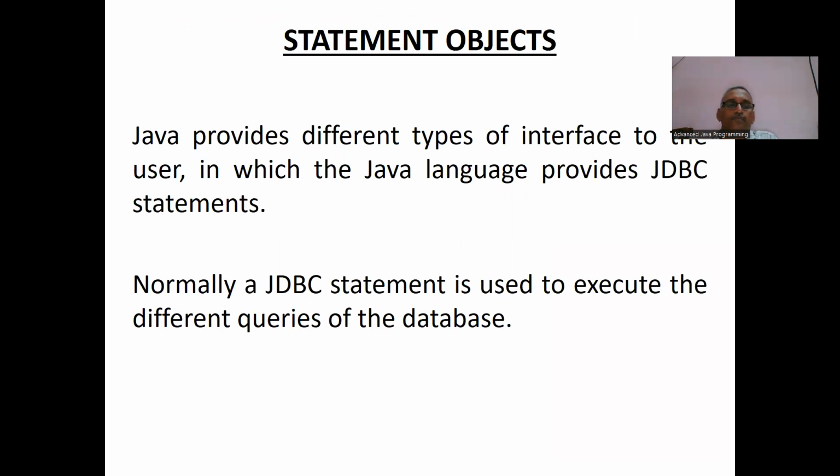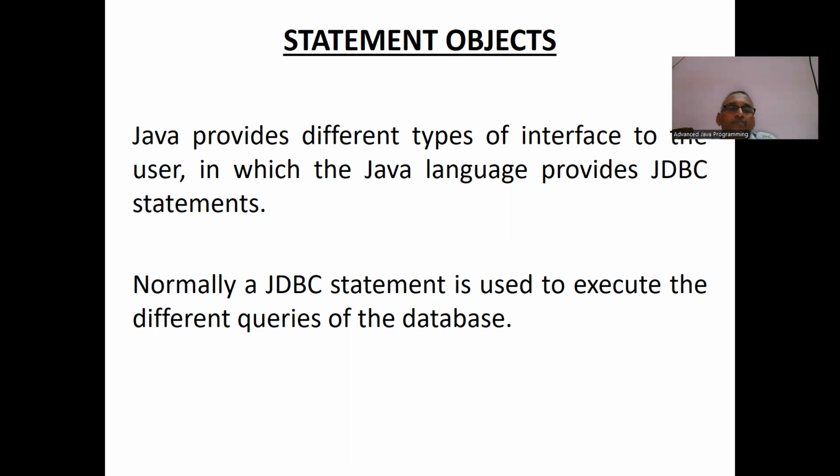Java provides different types of interfaces to the user, in which the Java language provides JDBC statements. Normally, a JDBC statement is used to execute different queries on the database. In other words, a JDBC statement works with result sets, and we can use it as a method to get the desired result set object.